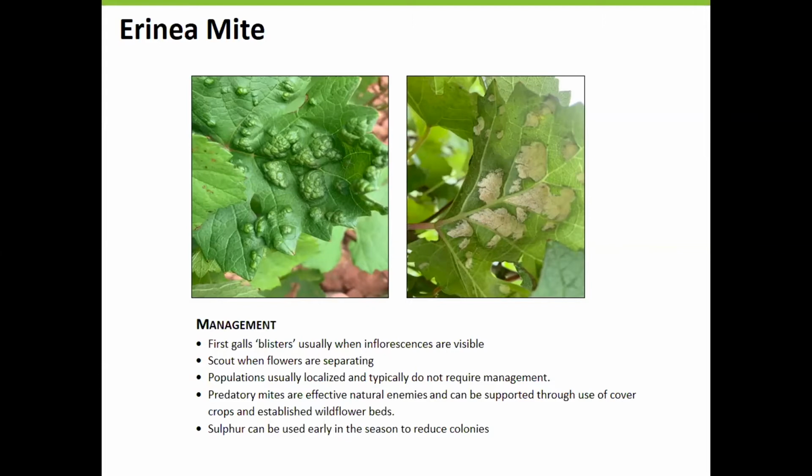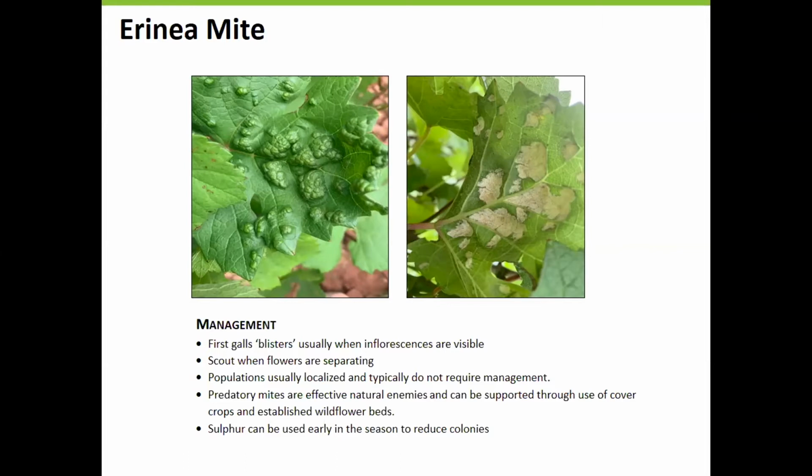So I would scout when the flowers are separating. But again, they're really localized. For all the vineyards I've been in, it's not something that I would recommend managing unless you have really high populations. So heavily infested leaves, multiple panels, where you could maybe potentially see premature leaf drop.